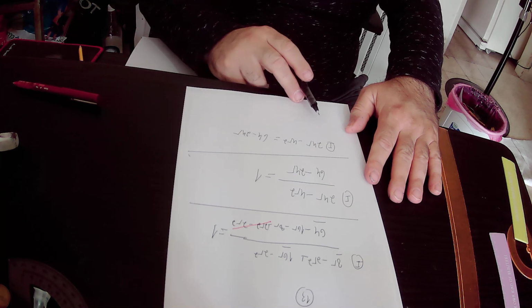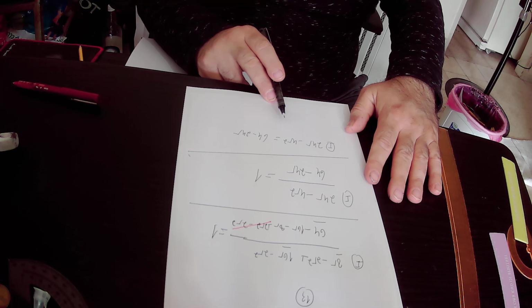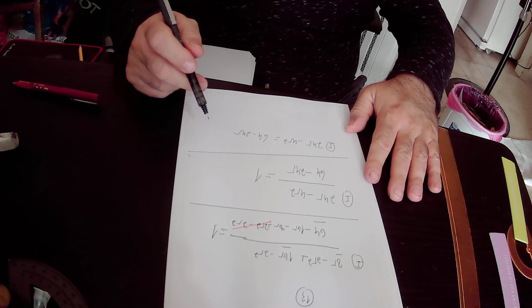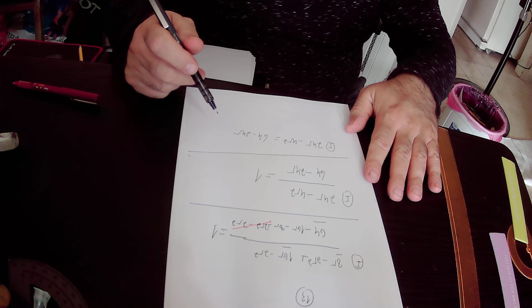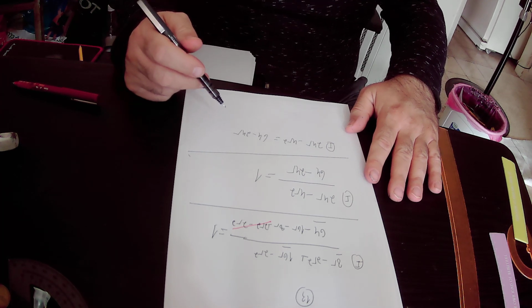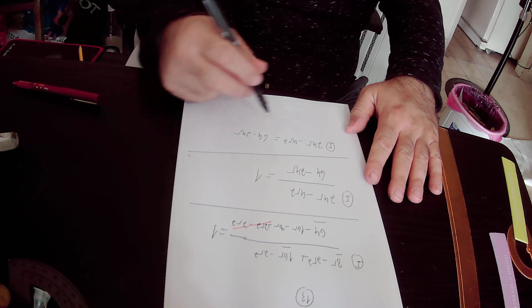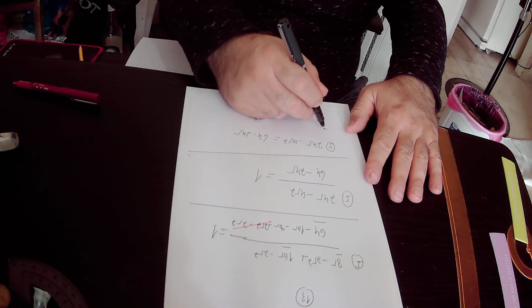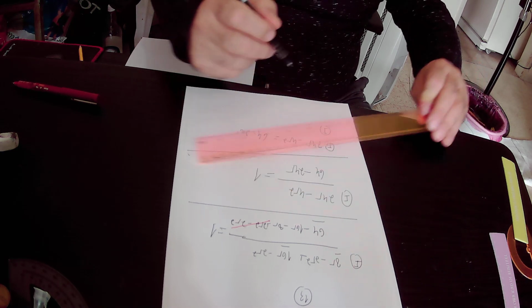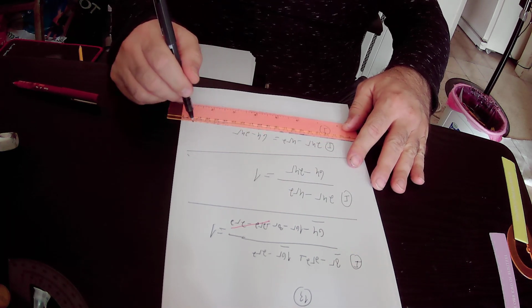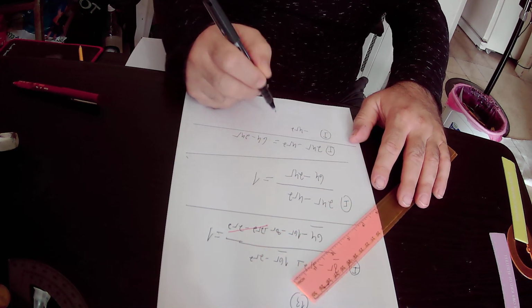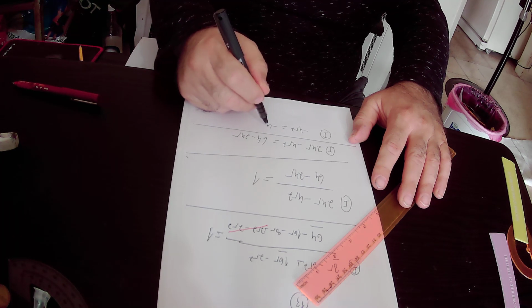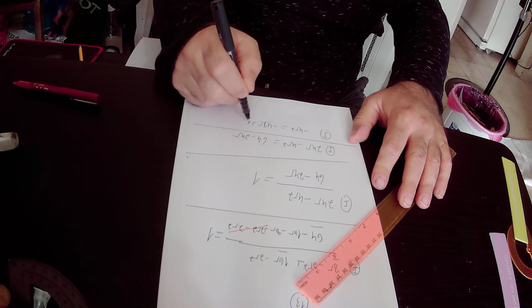Here we will subtract from this equality 24r, and we will get that minus 4r squared equals to minus 48r plus 64.